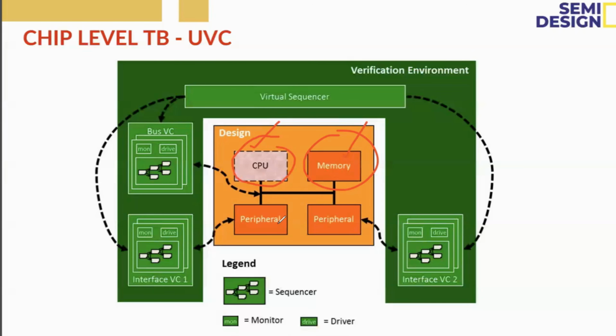In that case, we create all the UVCs. For the memory, for the bus, and for the other peripherals, we create the functional model. Functional model is nothing but UVC. By using the UVC, I can easily create the simulation environment for that RTL. According to the RTL, the UVC will already be developed, right? So by using that simulation environment, we can create the sequences and virtual sequences, so that we can verify the overall SOC.